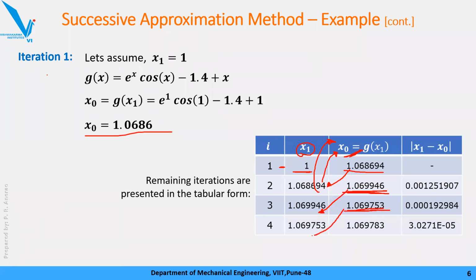Carry that new value of x0 in the fourth iteration, put it back into the g of x. You will get your next value of root. Okay, so fourth iteration over, whatever x0 value we have at the last calculation, this is our root. So this is one case if the number of iterations are specified.